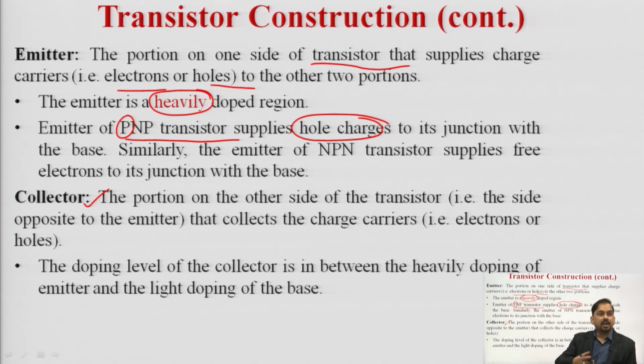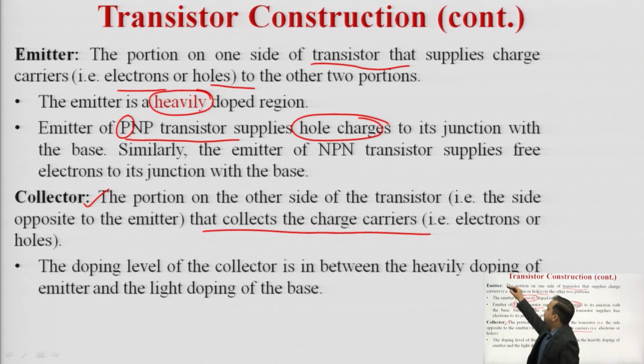Basically, this collects the charge carriers which are transmitted by the emitter. So, the name given is collector. This collector will collect electrons or holes depending upon NPN or PNP. If it is NPN, it will collect electrons. If it is PNP, it will collect holes.